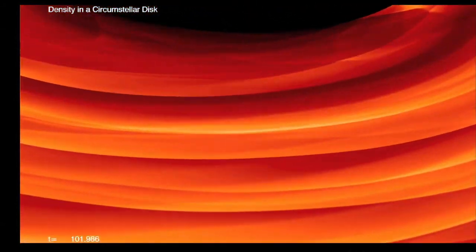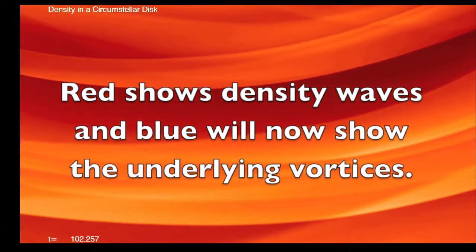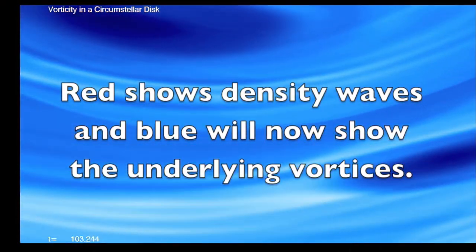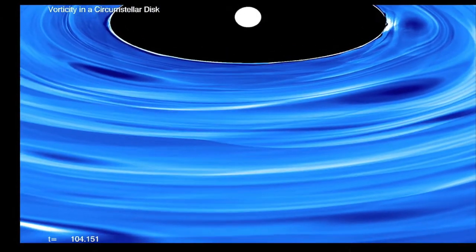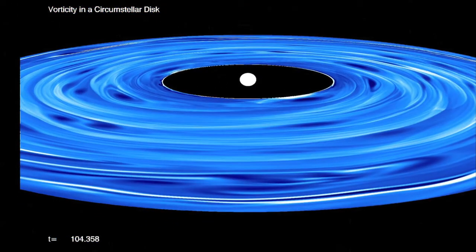Maybe you are watching this movie late at night or very early in the morning. You see here that in the disk, the radial temperature gradient is creating large-scale density waves, which we have shown in red. But if you calculate the local vorticity, you see that local gigantic storm systems are forming in this disk, anticyclonic vortices.